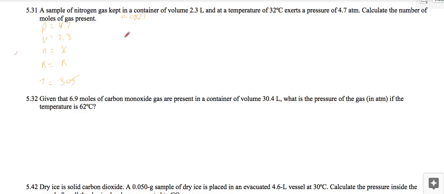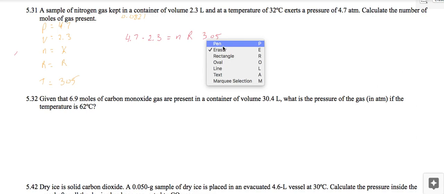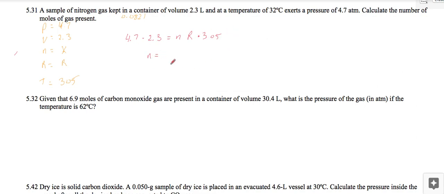We can plug things in. 4.7 times 2.3 equals N. Again, I'm just going to write R times 305. And N comes out to be 0.43 moles of nitrogen gas.